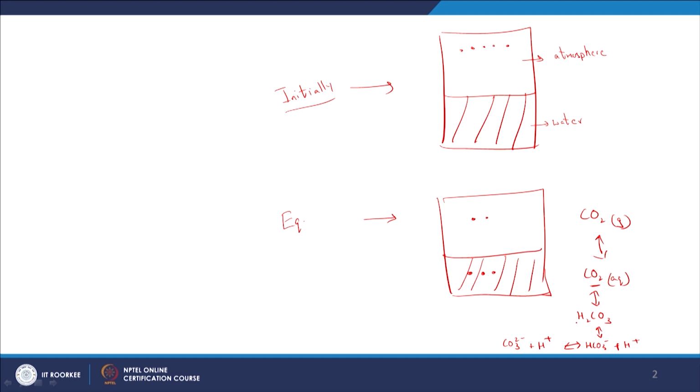So what happens to your system now? If you had no moles of carbon dioxide in your aqueous phase, and you had some moles of carbon dioxide in the gaseous phase, you are going to have carbon dioxide entering the system, and then your carbonate system, H2CO3, HCO3 minus and CO3 2 minus, being formed, and also simultaneously bringing down the pH.